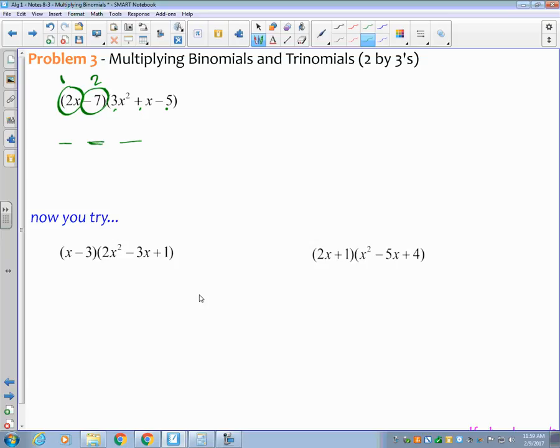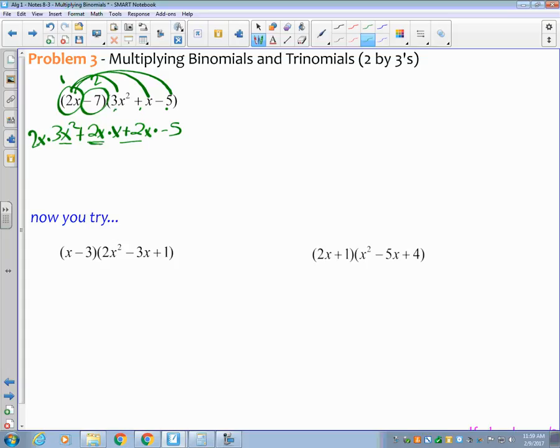So the first one, I'm going to multiply everything by 2x. So 2x times 3x squared. Then 2x times x. Then 2x times -5.